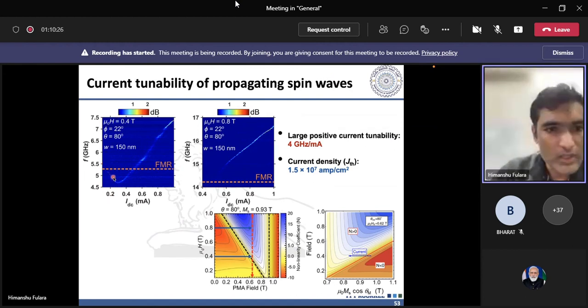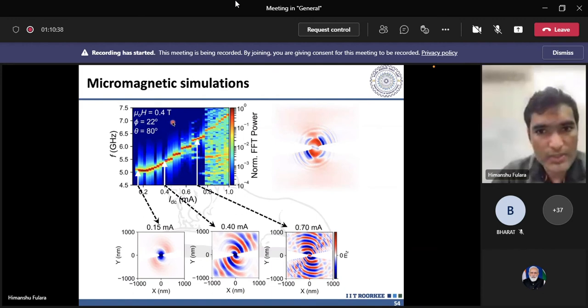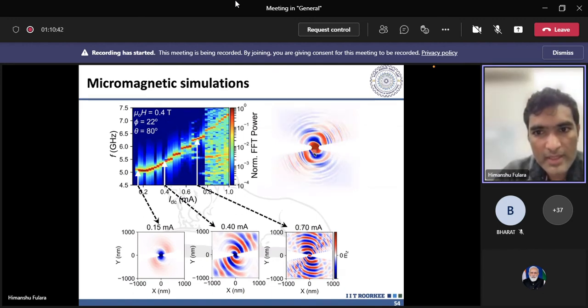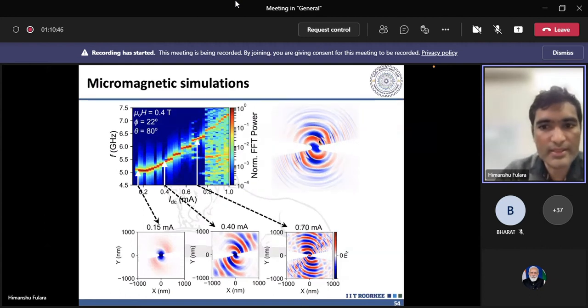The frequency initially decreased, and then it crosses over this ferromagnetic band gap, which means that above this current, these are propagating spin waves, and you can see this here. This is the simulation. We have simulated this, and this is exactly how these spin waves propagate outside this constriction region.